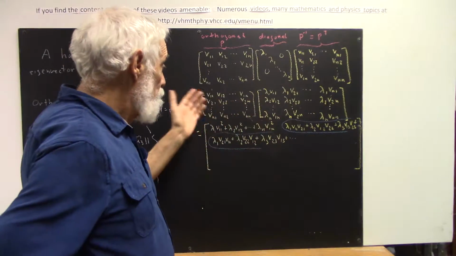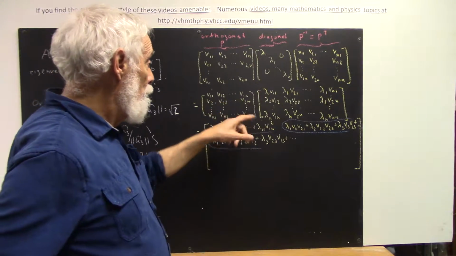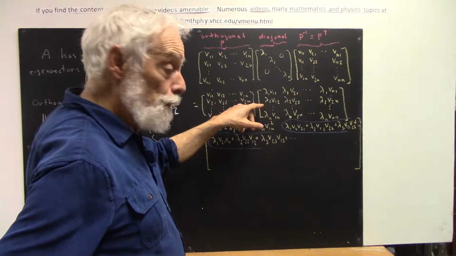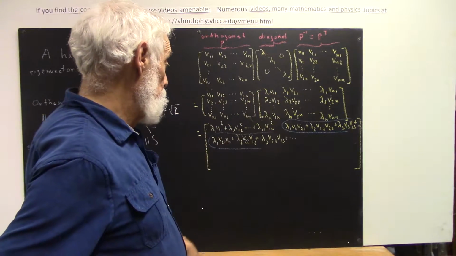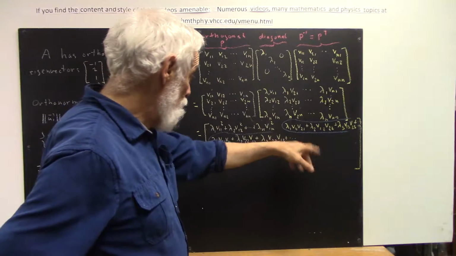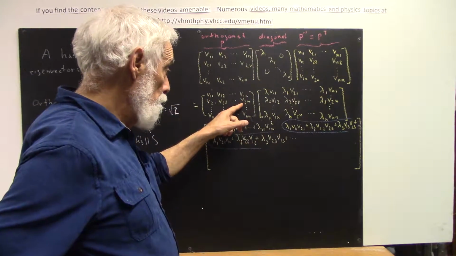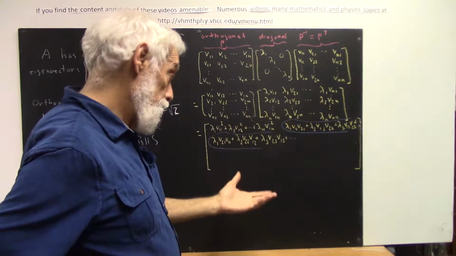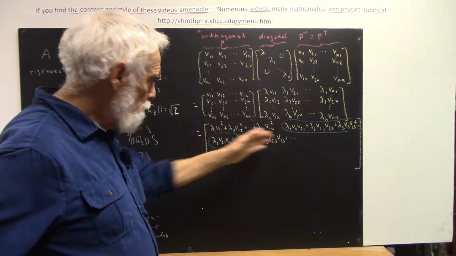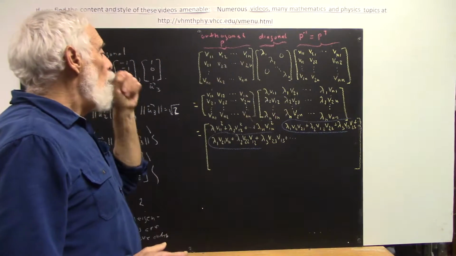And then the next one, we'd have V23, and that would match up with lambda 3, V13. So we have V23, V13 times lambda 3. And that's going to continue up to the point where we get V2n times lambda n times V1n. But this establishes the pattern in a way that will make things believable.